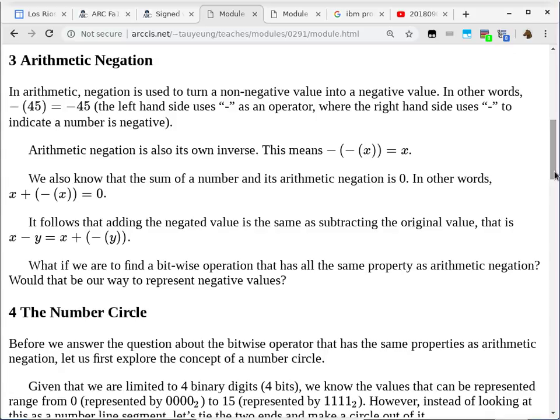There are a few things about arithmetic negation that we need to know. The negation of the negation of a number is the number itself. In other words, arithmetic negation is its own inverse function. Is that okay? The other thing we know is a number plus its own negation is going to be 0.